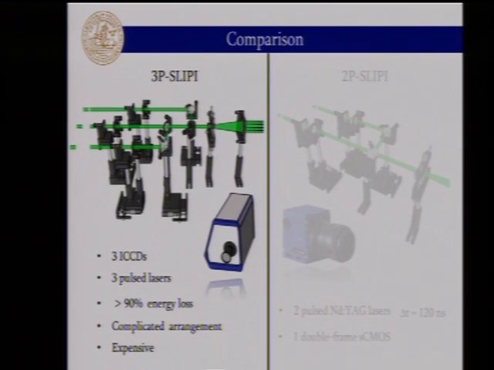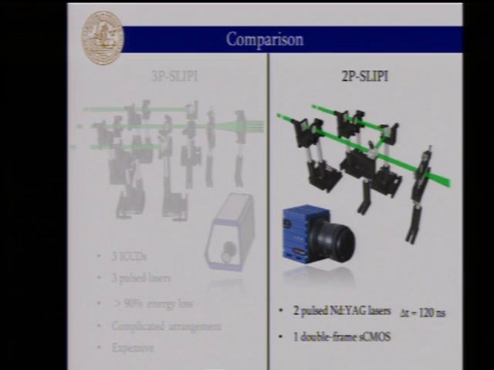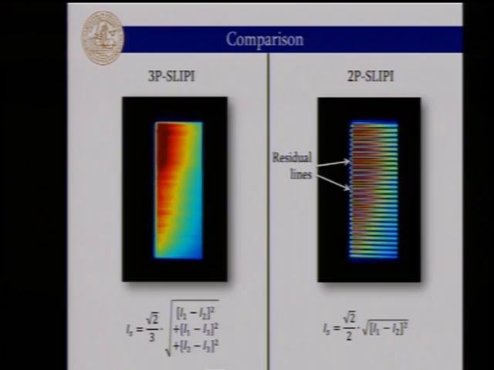Not everybody would like to do this arrangement with all those gratings, and it's expensive. If you do it with 2, you can use a double frame CMOS camera, which is 10 times cheaper. You can also use only 2 pulse lasers, and the arrangement is much easier. So we can still question, why not do it with 2?